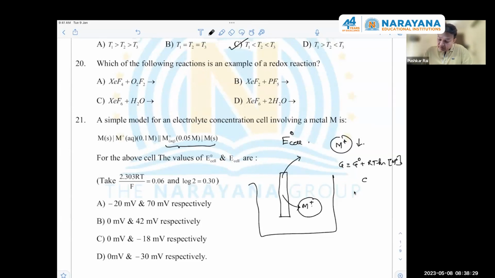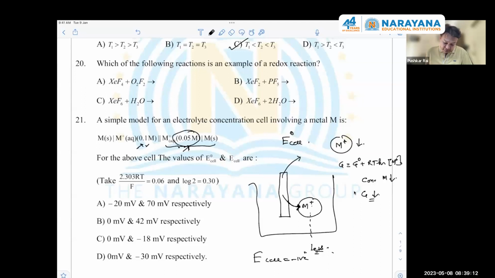So if the concentration of M plus is decreasing, then G is decreasing, which means that if M plus is less, there is more tendency to get oxidized. Here, this is 0.1 and this is 0.05. So you can easily relate that here the process of reduction is less, I mean it has a lesser tendency to get reduced as compared to the other side. So in this case, you can simply know that E cell is going to be negative.